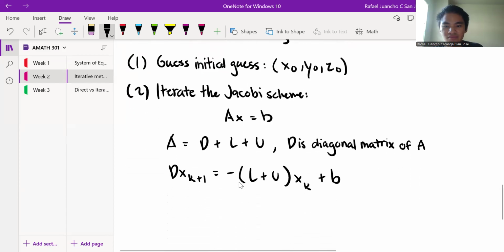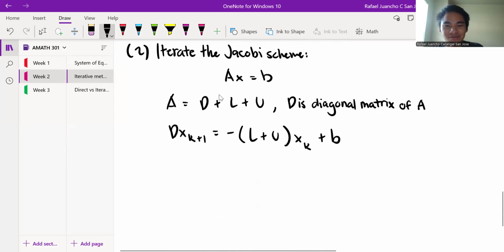Now, how in the world did that happen? Well, my A is D plus L plus U. I leave the D here, minus L plus U. And then I multiply both sides by its inverse.